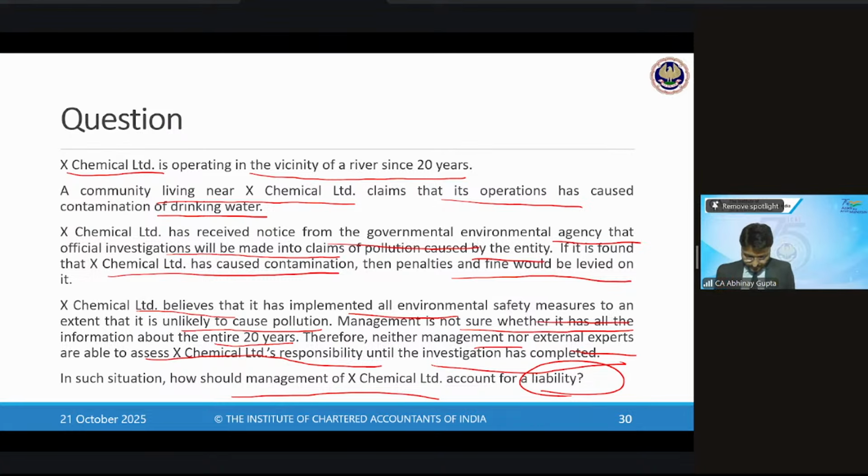Possible. Okay. So you are saying the past event is the contamination of the river and the obligation is not a present obligation, it is a possible obligation. That's what your answer is. So you are saying it would be a contingent liability. Yes. Others, I'm seeing only one person is actually participating in answering.